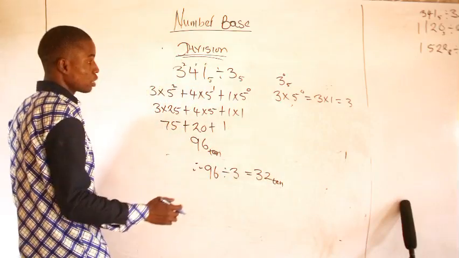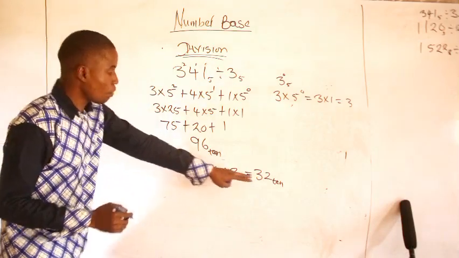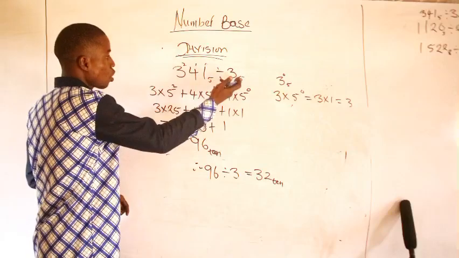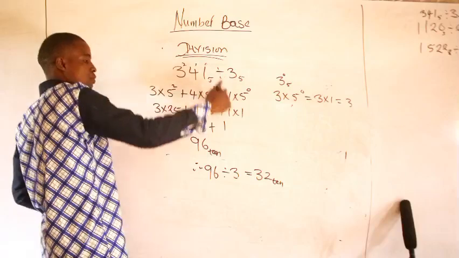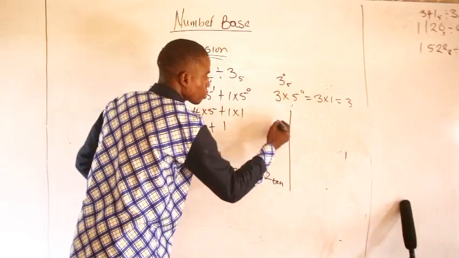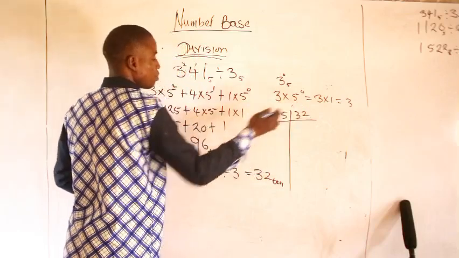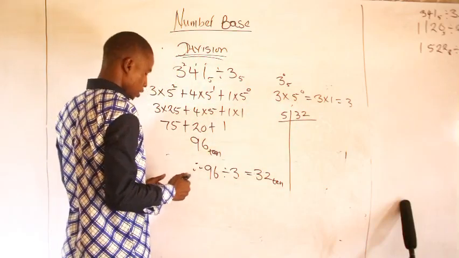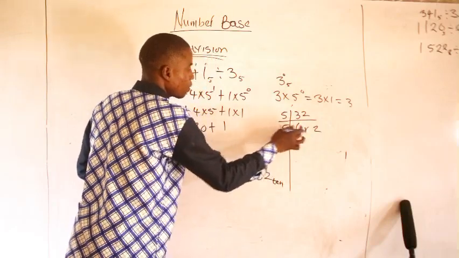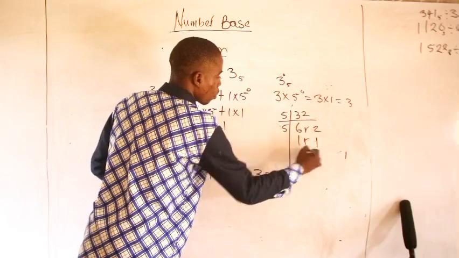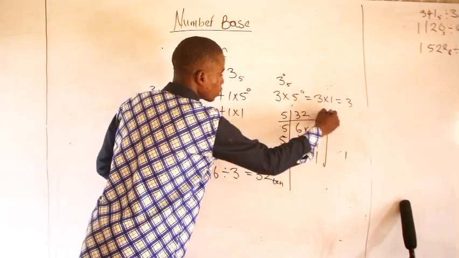You now convert it back to base 5. You have converted all of them, so you now go back to base 5 by using this. Now 32 divided by 5 is 6, remainder 2. 5 here, that's 1, remainder 1. 5 here, 0, remainder 1.